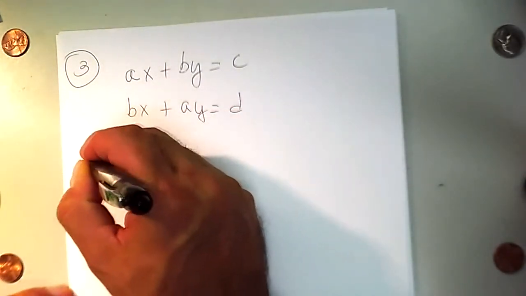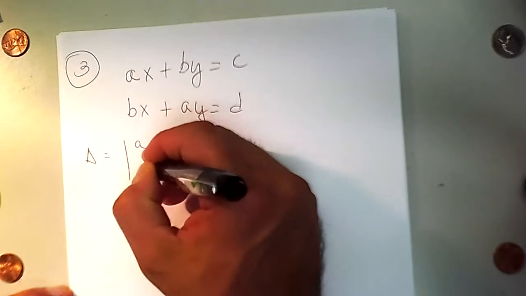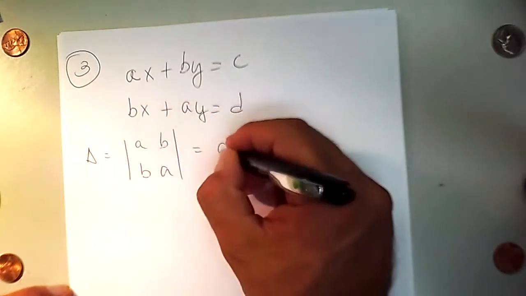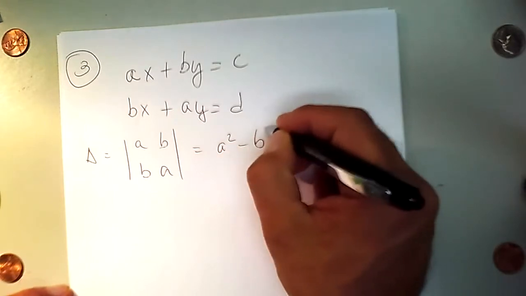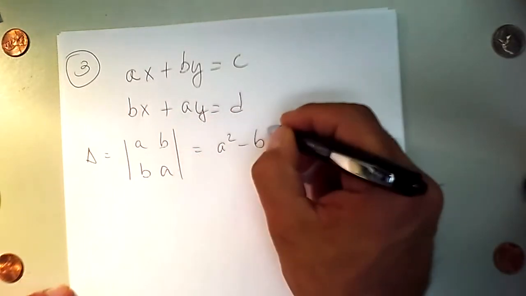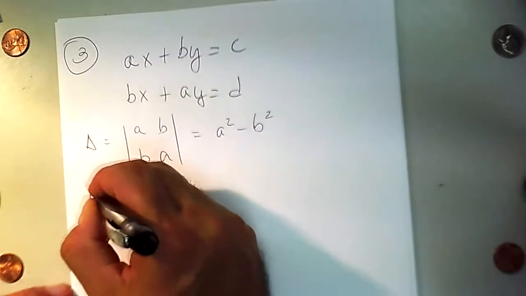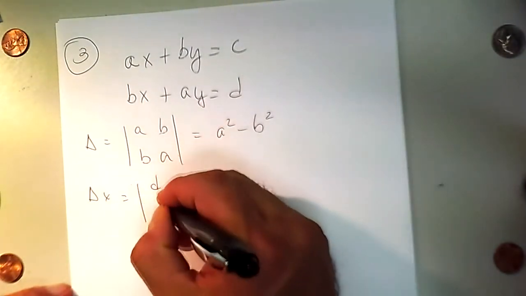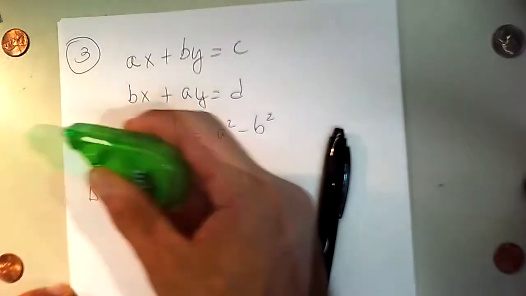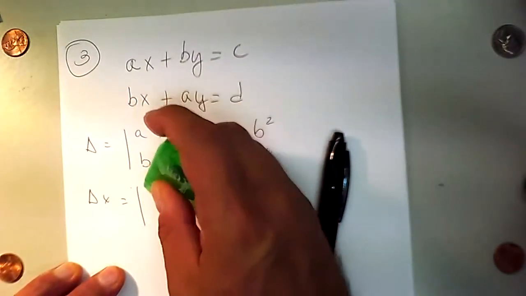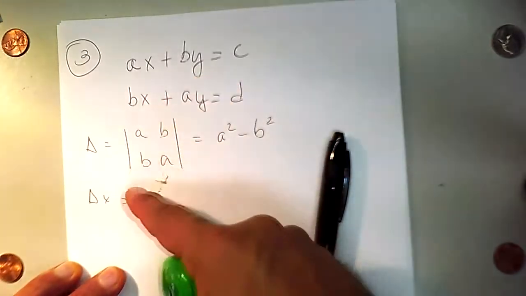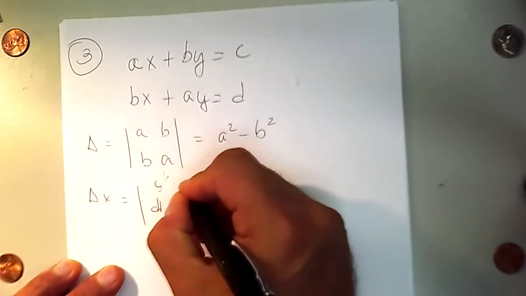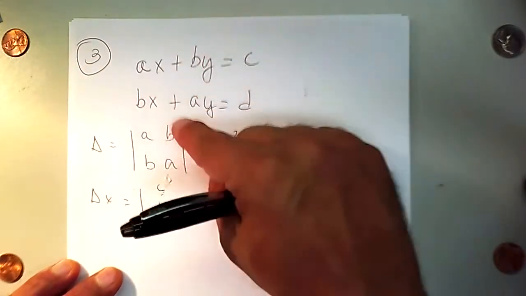What is the determinant of the system? Well, it's a, b, b, a, and so it's a squared minus b squared. So as long as those two numbers are not the same, we're good, because we're not going to divide by 0. And then the determinant for x will be c, d, and then b, a.